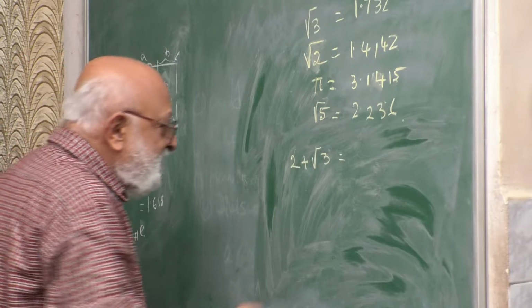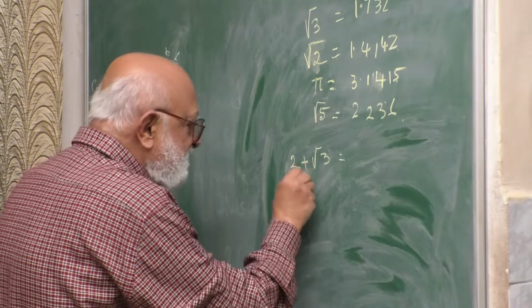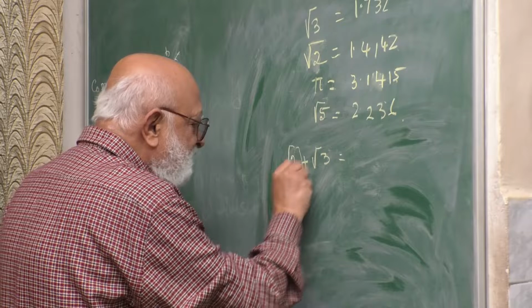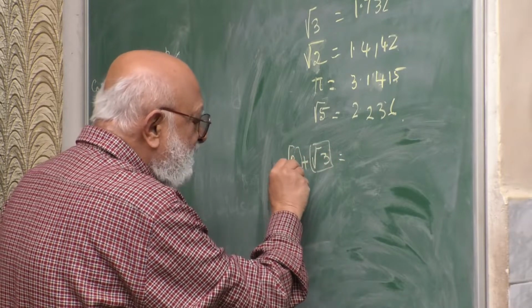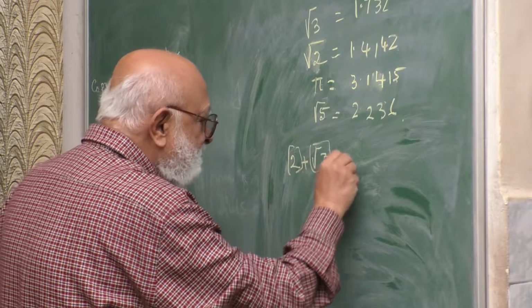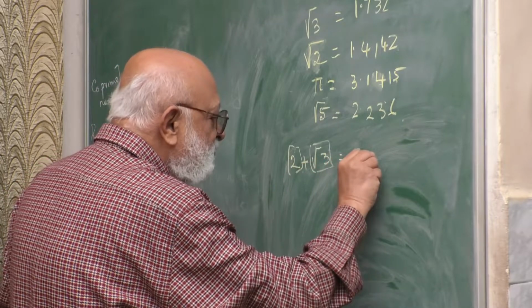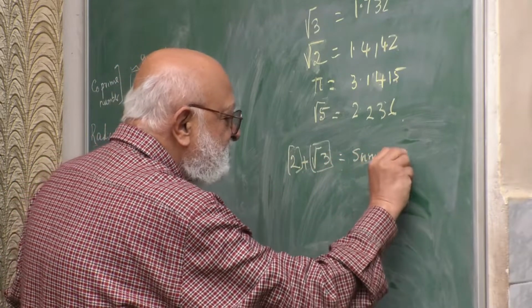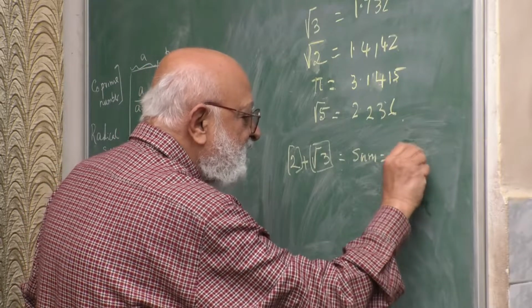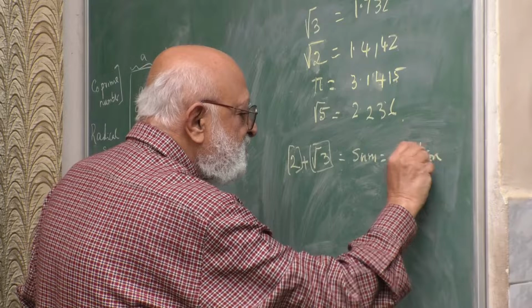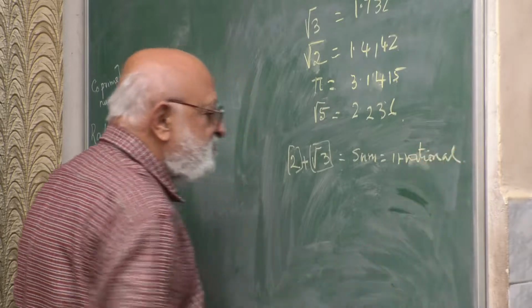So this is a rational number, but this is an irrational number, and so the sum would be irrational. Right?